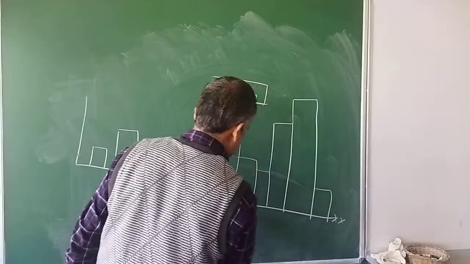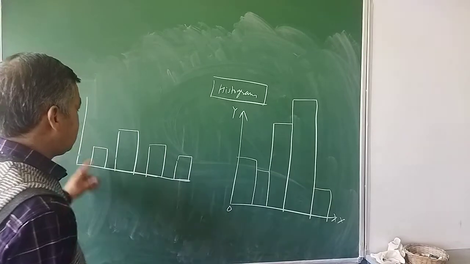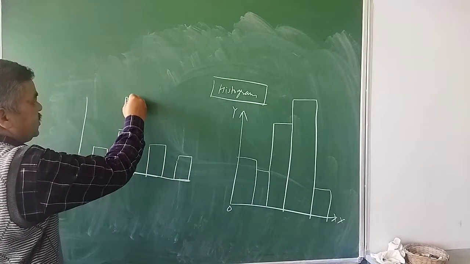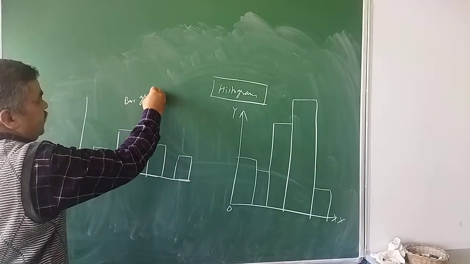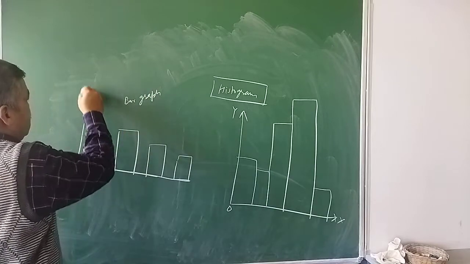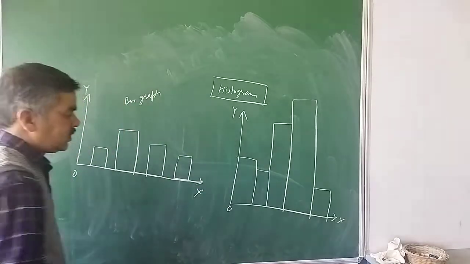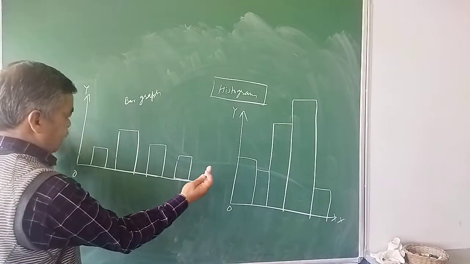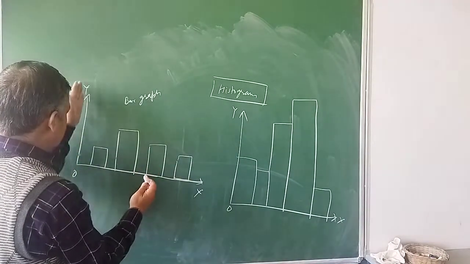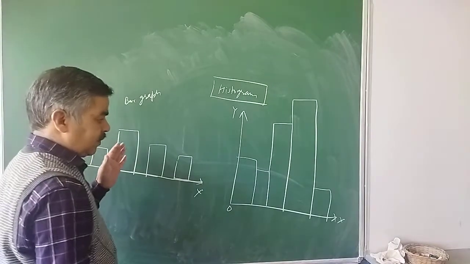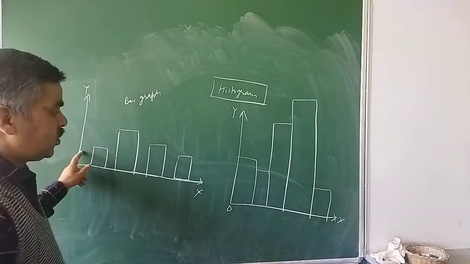Y-axis, x-axis, this is the origin. This is the bar graph. Again, y-axis, origin, and here is the x-axis. When these bars are kept together, even with the y-axis, that depends; all the time that is not going to happen.